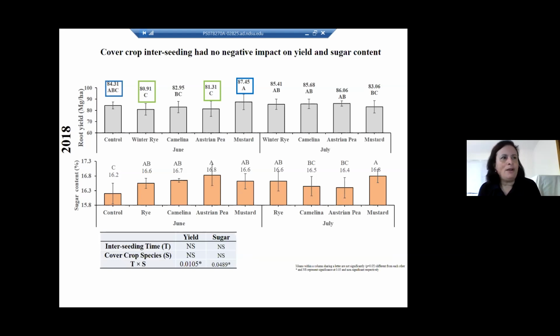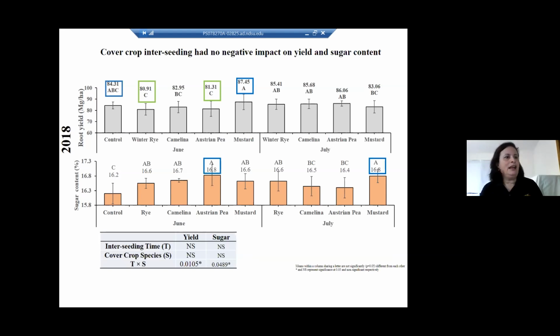We didn't get quite 1% difference, but you can see the highest sugar content, significantly different than control, were on those that had cover crops in it. Okay, and so what we're thinking is happening, we're moving some of the nitrogen away from the sugar beet, and excess nitrate reduces the sugar content, so we're moving it away.